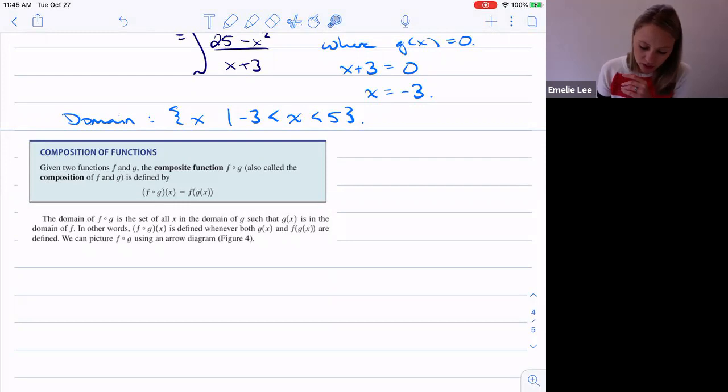So the composition of two functions, f and g, we write as f and then a little hollow circle g. So this is the composition. So f composed with g.